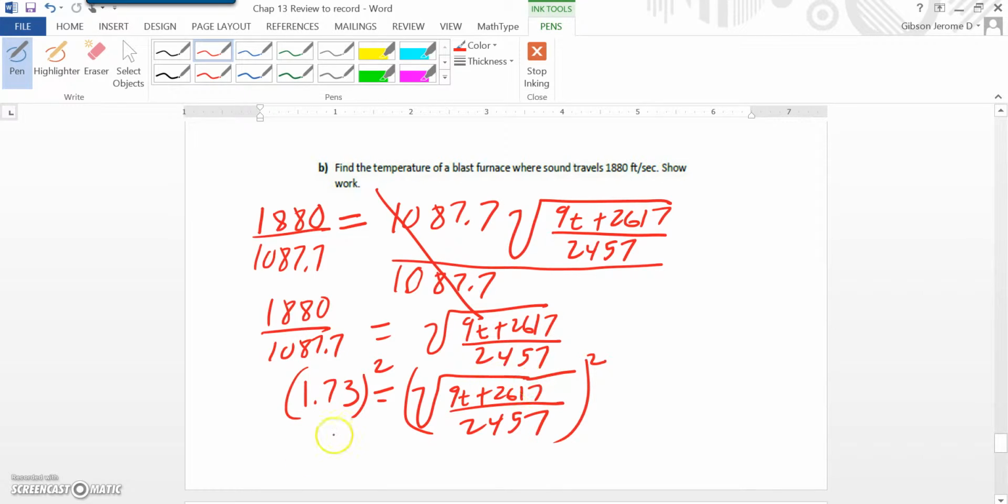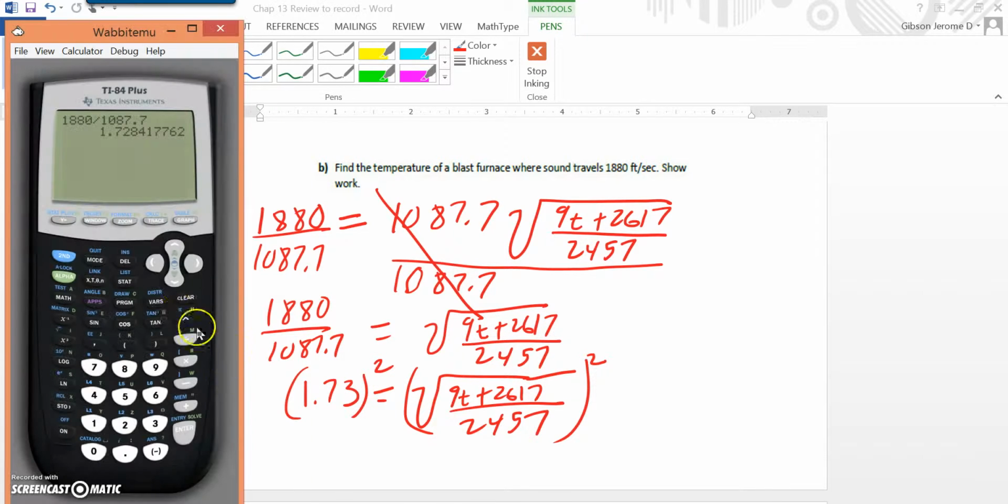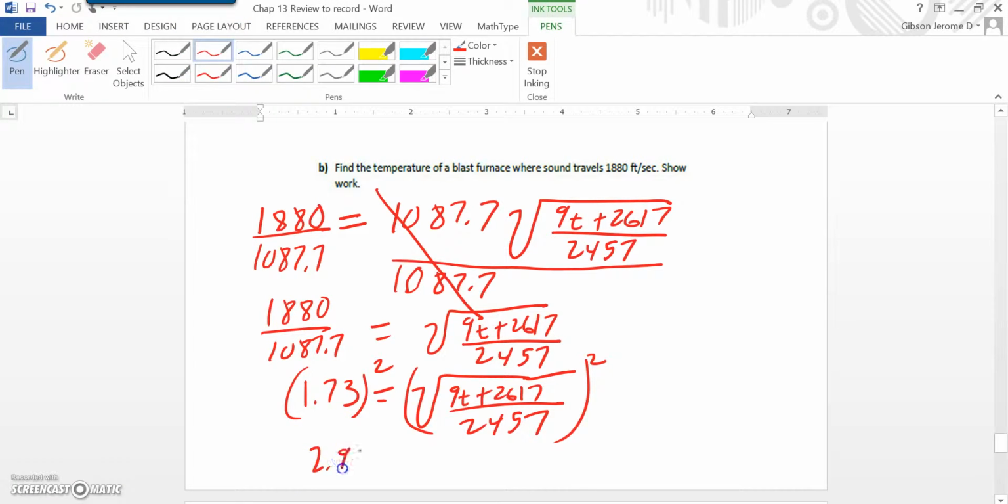So when we square both sides, we would take 1.73 squared and that would give us approximately 2.99 when we round it. And that will be equal to 9T plus 2,617 over 2,457.